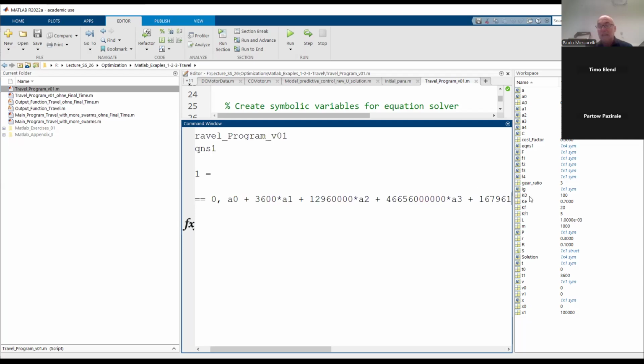We can see that the order of the polynomial is 3, because we have here the parameters just until A4 in the position. I don't know if it's visible from here. Do you have any comment?